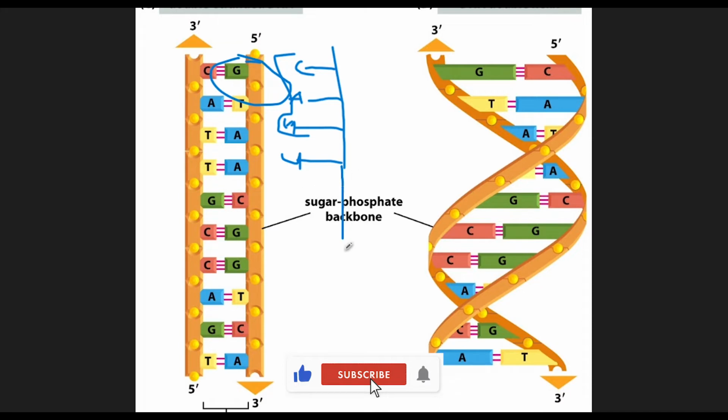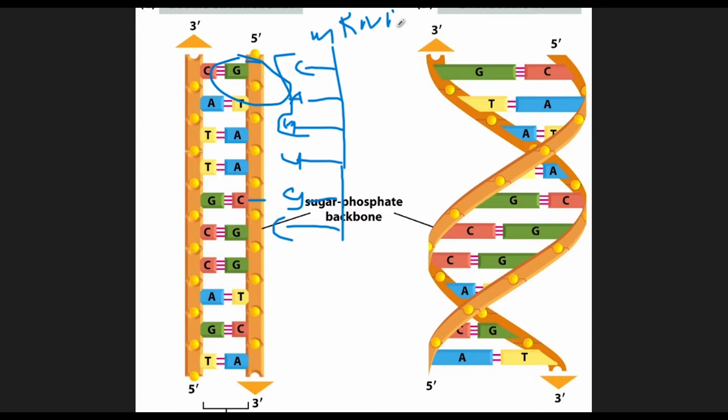Then for cytosine, we are going to have guanine, and for guanine, we are going to have cytosine. Just like that. Now this is the messenger RNA that has been formed by the DNA right inside the nucleus.